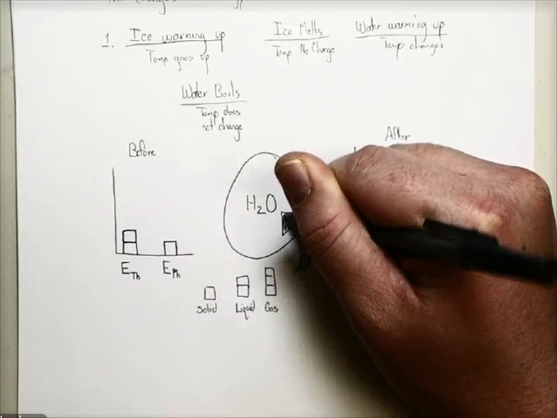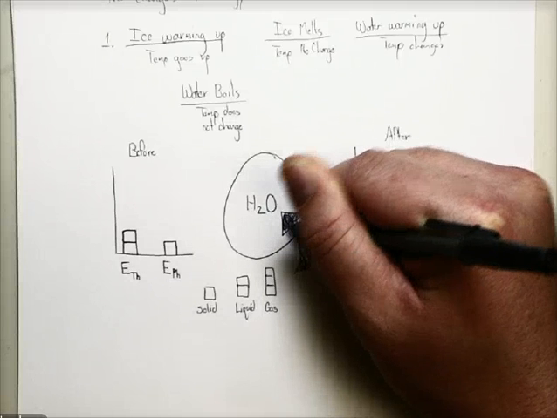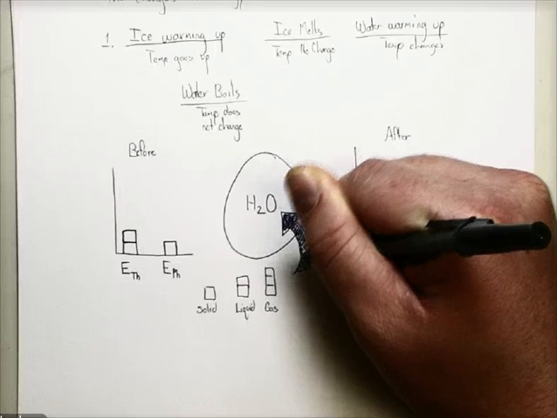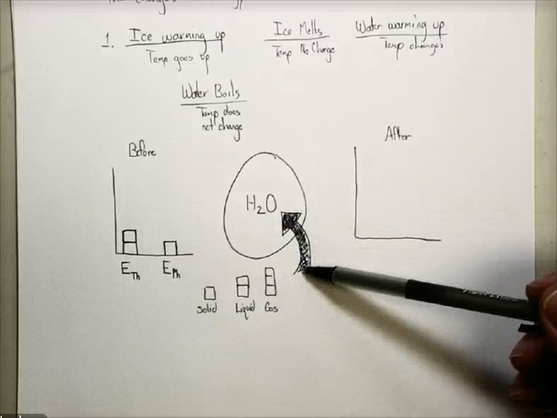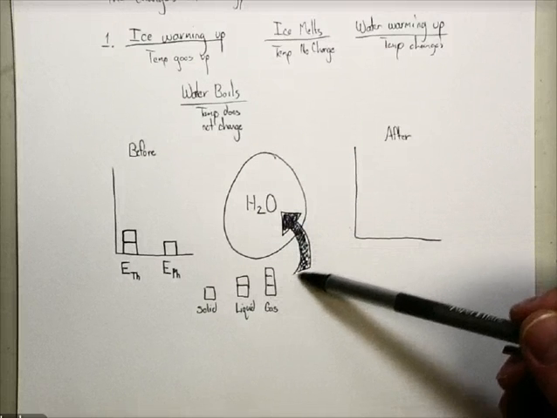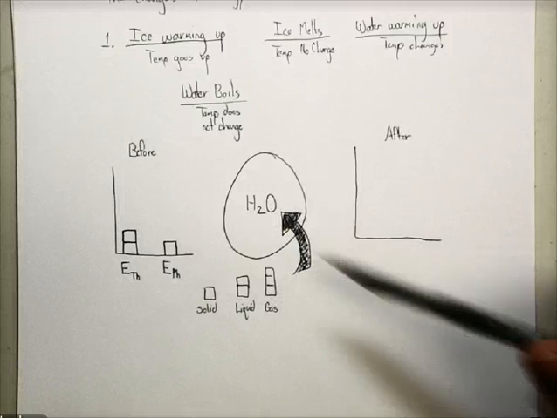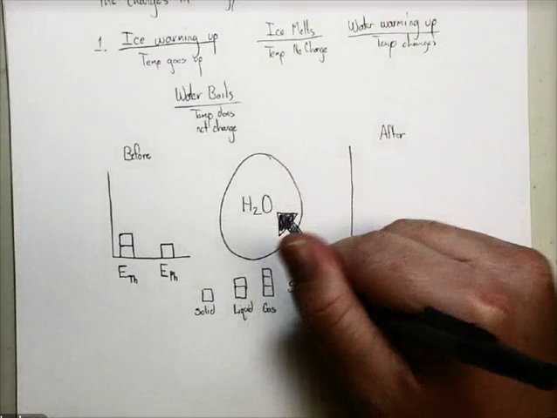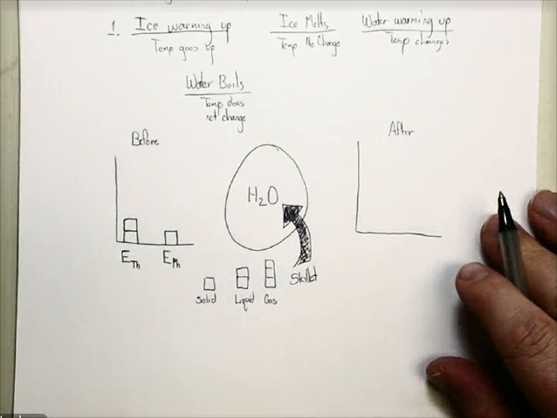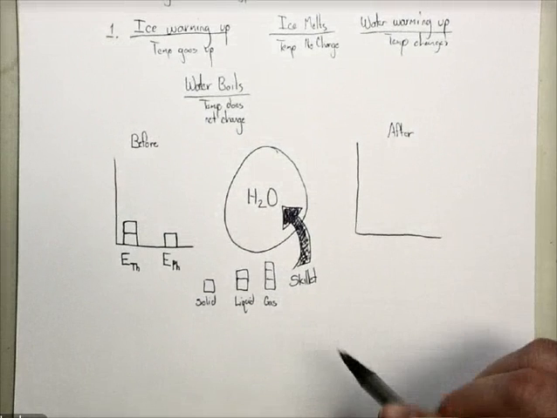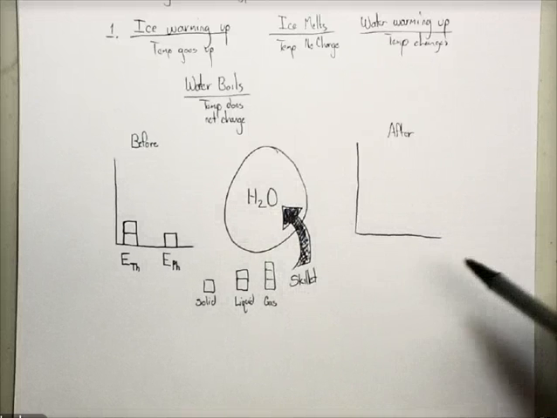So I'm going to draw this arrow here, and I'm just shading it in so that there's not that awkward line there in the middle. So energy flows into our system. This arrow represents the heat moving from the skillet to the ice. And if you want to, you could even say down here, I can identify the object that the heat is flowing from. So it's flowing from the skillet to the water.